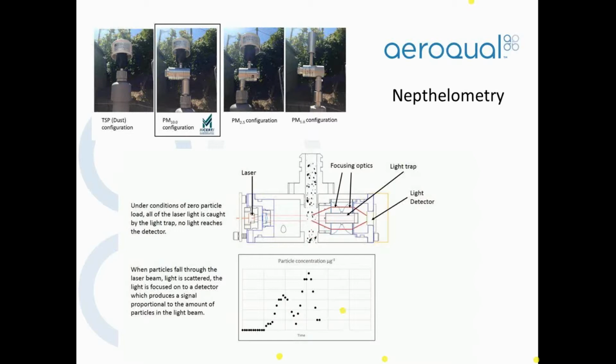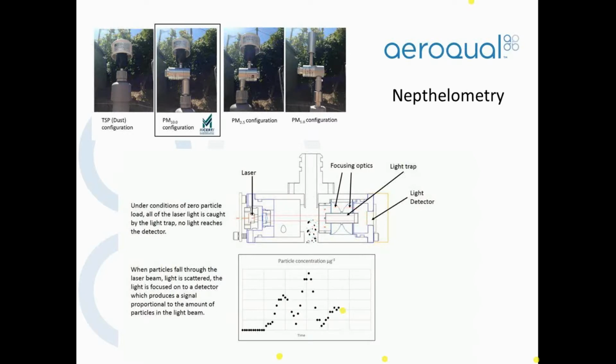Once we've selected the size, the method is similar to the particle counting in that we are relying upon scattering of light. The only difference here is that the optical configuration is linear, it's all in one line. The laser is made to shine into a light trap, similar to the particle counter, but when the particles fall through the laser beam, the light is forward scattered, and often you hear the terminology forward scattering nephelometry.